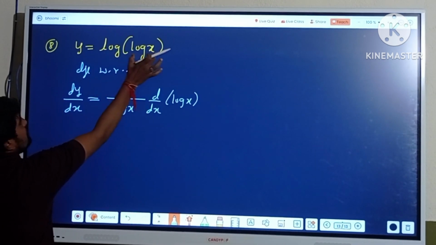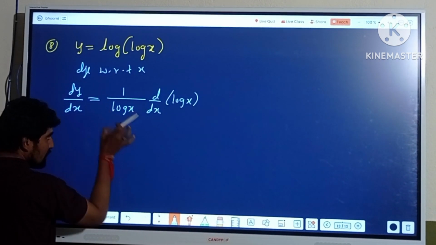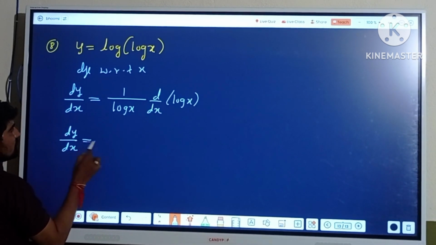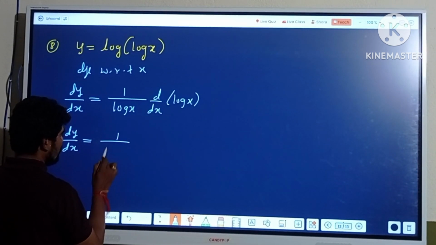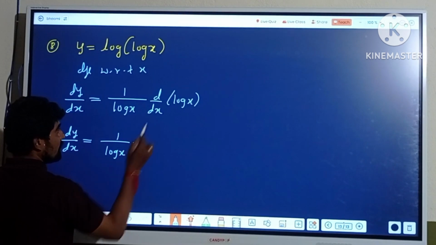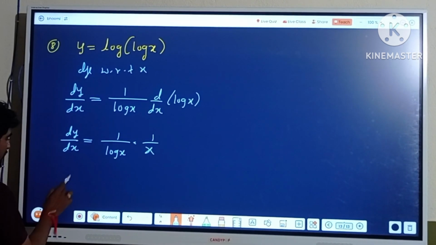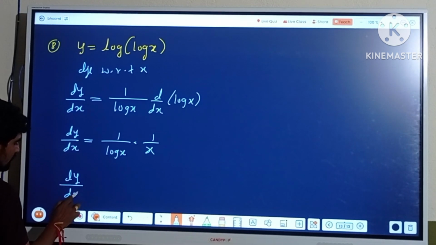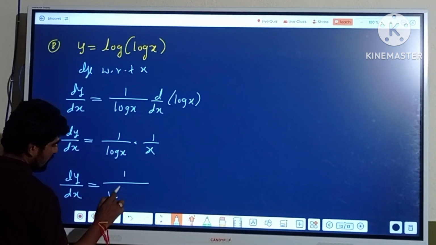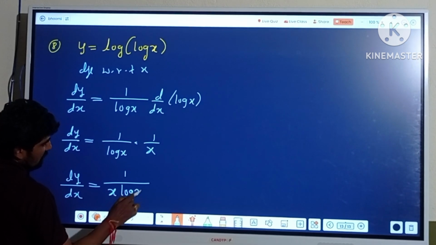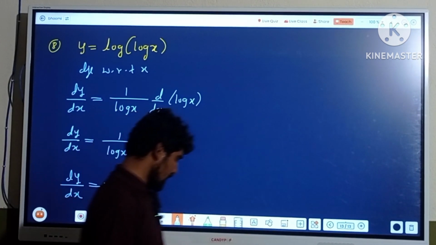So first, the derivative of this log is 1 by log x, then the derivative of log x. Therefore, dy by dx is equal to 1 divided by log x into the derivative of log x, which is 1 by x. So finally, dy by dx is equal to 1 divided by x log x, that is x into log x. I hope all of you are understanding.